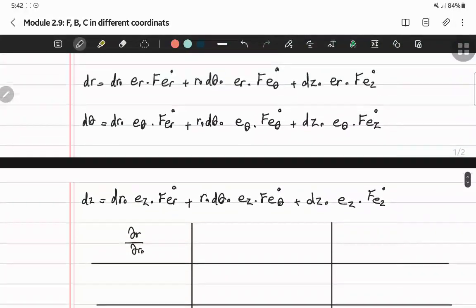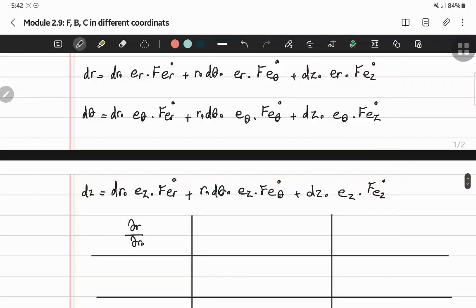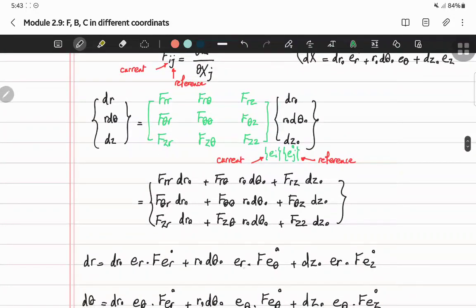So we have to change this d in here to partial, and also in here, because r0 is also a function of r0, theta 0, and z0, and t as well. All right, and let me just move this a bit in here. So we have e_R dot F e_R.